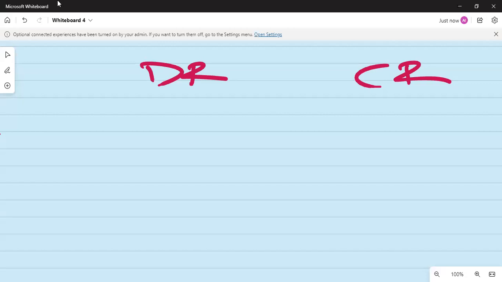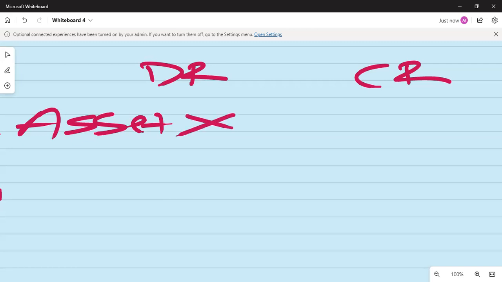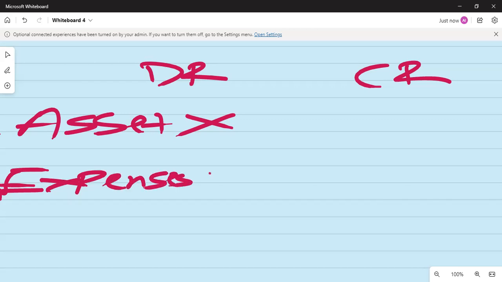So you know already that the debit side of your trial balance contains two things. Meaning that the item you are going to see on this debit side of the trial balance is either assets or expenses.